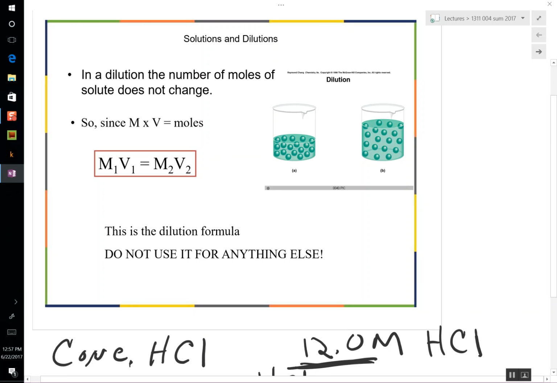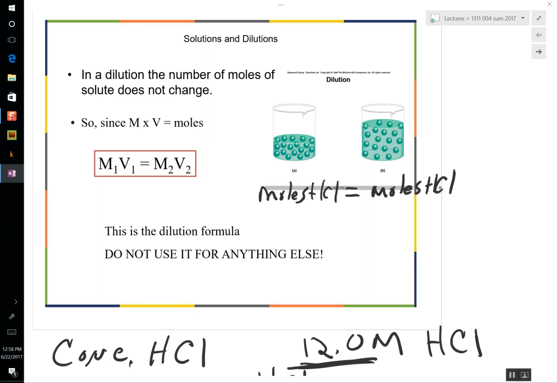The moles of the solute, let's say HCl, in the concentrate equal the moles of HCl in your final diluted solution. Not the molarity, the moles. You haven't added any more HCl.